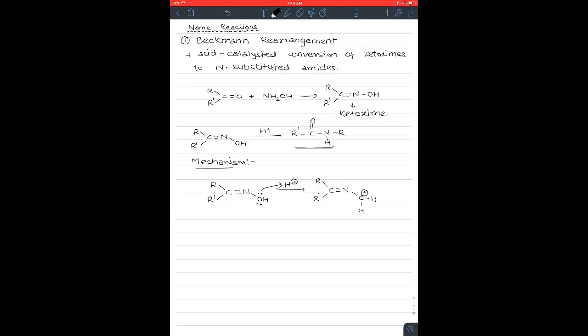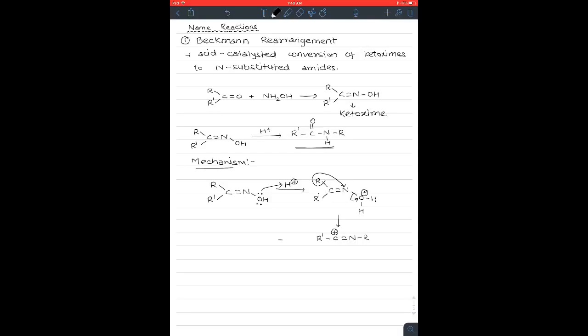After this, what will happen? The alkyl group which is present on carbon will migrate to this nitrogen, and this group will depart in the form of H2O. So the product which will be formed will be R dash C with positive charge, double bond N and R. The alkyl group which is migrating is shown departing as R minus.